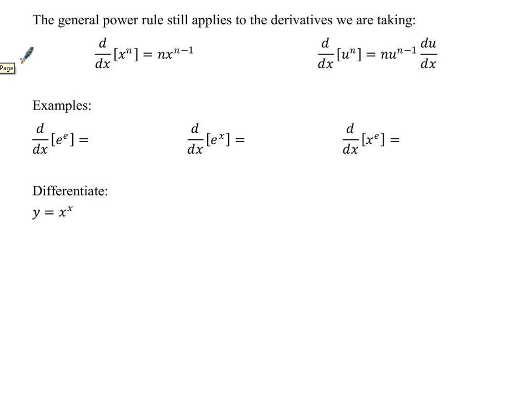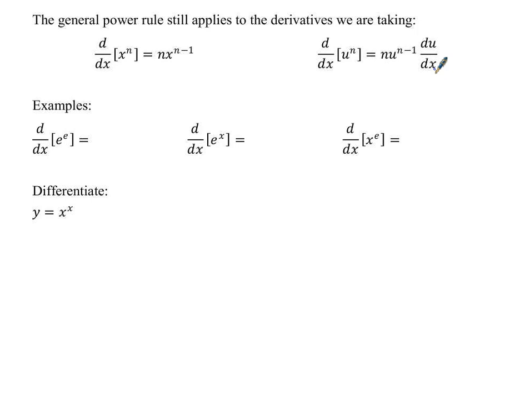The general power rule still applies to derivatives that we're taking. The derivative of x to the n is equal to, bring the exponent down to base, n minus 1. The derivative of u to the n is equal to, bring the exponent down, the base, n minus 1 times u prime. That's all still the same.